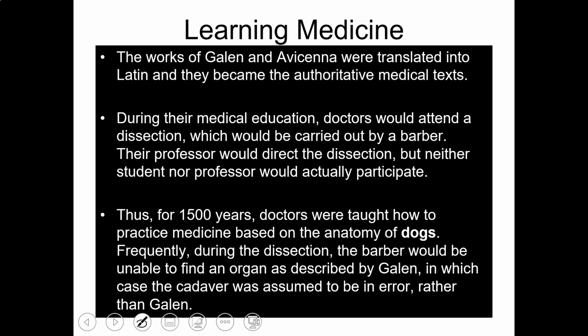Those don't exist. But for 1,500 years, during these dissections, the professor would swear that it existed. Do you see that opening between the heart chambers? No, you're not a doctor. Next, do you see that opening between the heart chambers? Yes, you're a doctor. Well done. But it doesn't exist. But people were afraid to challenge the ideas that had come before them.